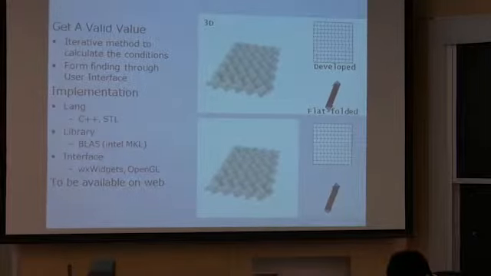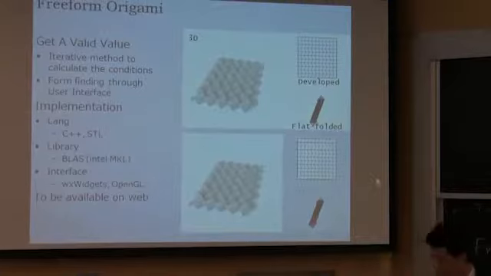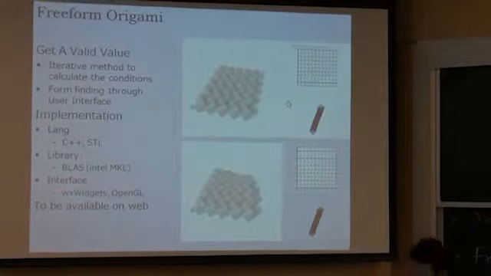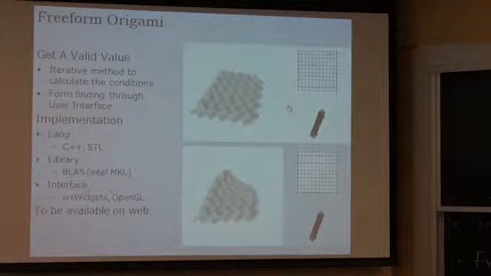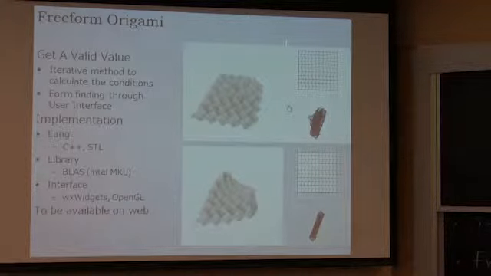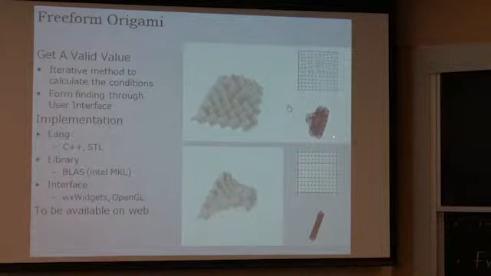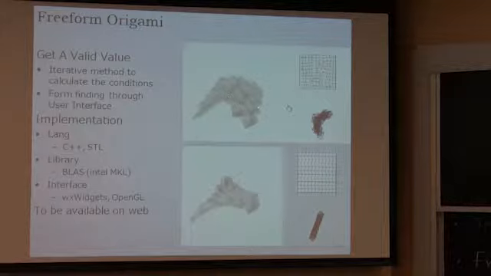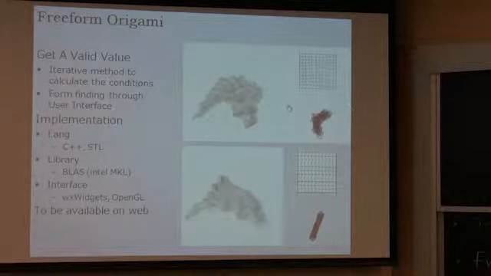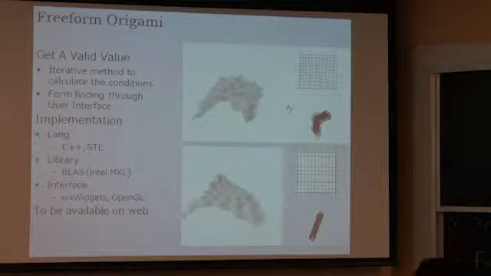So this is what happens. The top is what happens with freeform origami. This is a crease pattern of the paper, and this is a folded pattern when it's X-rayed. You can see that if you drag this point up, then the crease pattern and the flat folded pattern change at the same time.